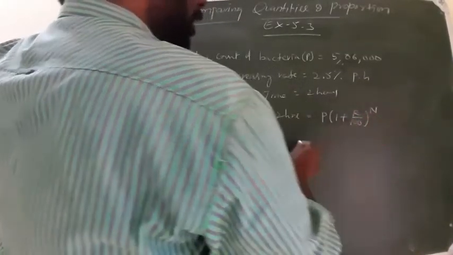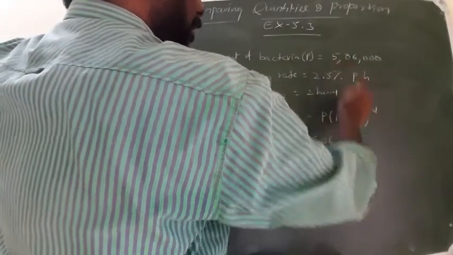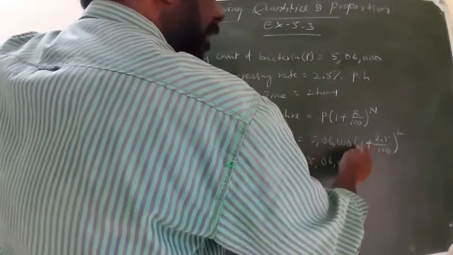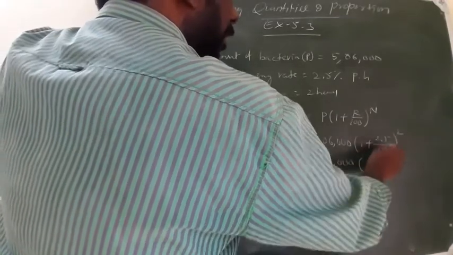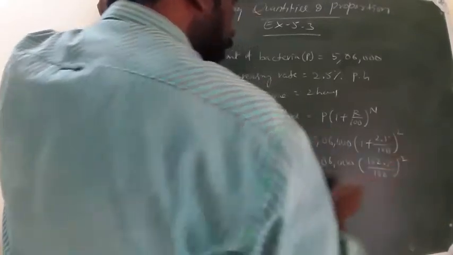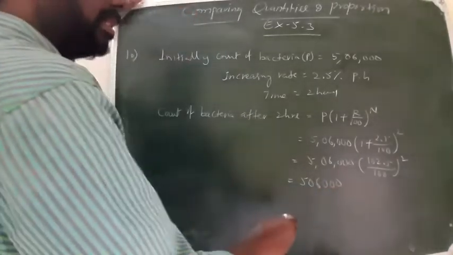You can keep here principal 5 lakhs 6,000, into 1 plus 2.5 by 100 whole power 2. 5 lakhs 6,000 into 100 plus 2.5, 102.5 by 100 whole square. 5 lakhs 6,000 into 102.5 by 100, 102.5 by 100.